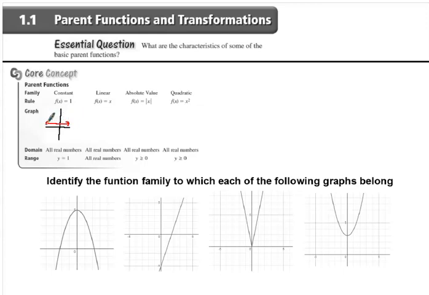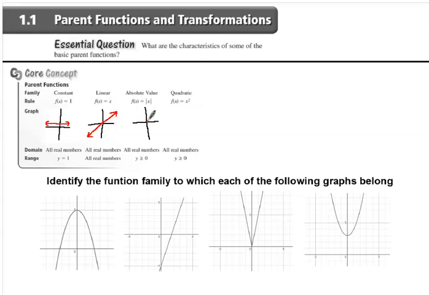something like this. A linear function is y equals x, or f of x equals x, and that would be a line that passes through the origin and has a slope of 1. Absolute value is very similar to a linear function, except any negative values bounce up to be positive.